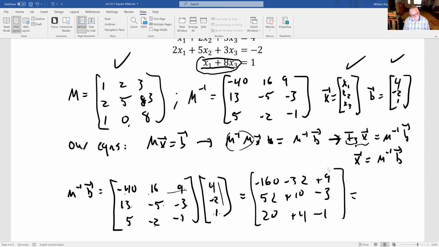So this is minus 192 minus 9, which is minus 183 in the first row. 62 minus 3 is 59. 24 minus 1 is 23. And that should be the solution to that system of equations.